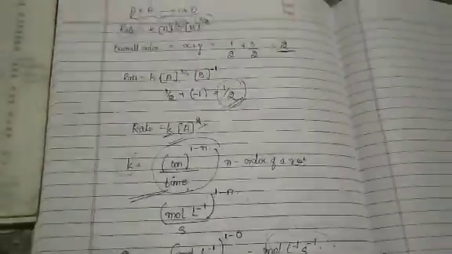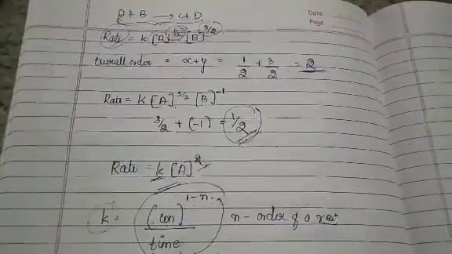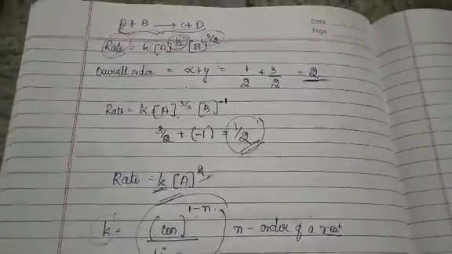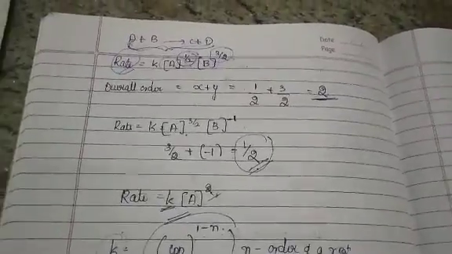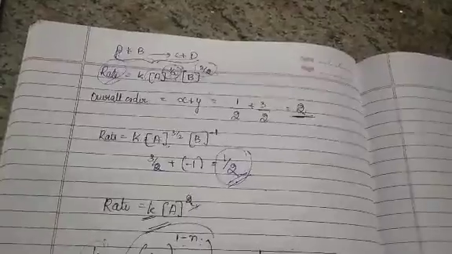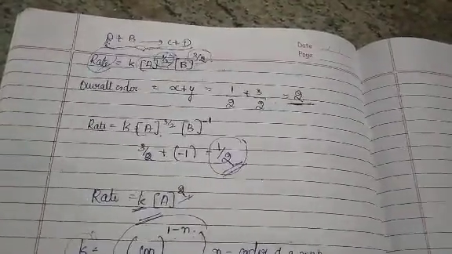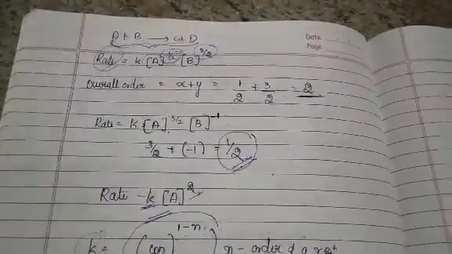In the case of the first order reaction, the rate of the reaction is proportional to the first power of the molar concentration of your reactant. Please mark my words, first power of the molar concentration of your reactants. The example we saw is the decomposition of PCl5.